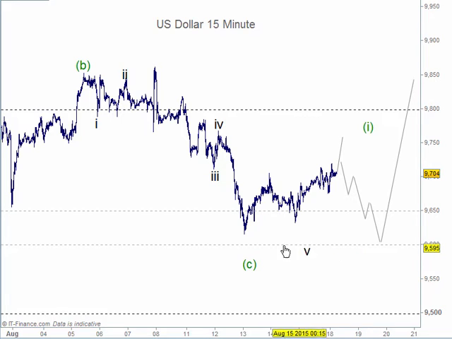What this does is point out that the euro actually has a top in play, but I don't know which way is correct here. I just don't know. We need some more evidence.